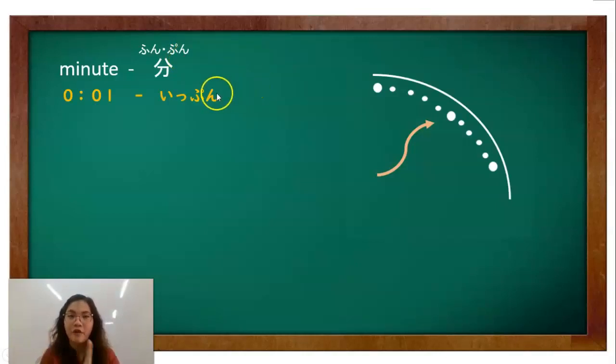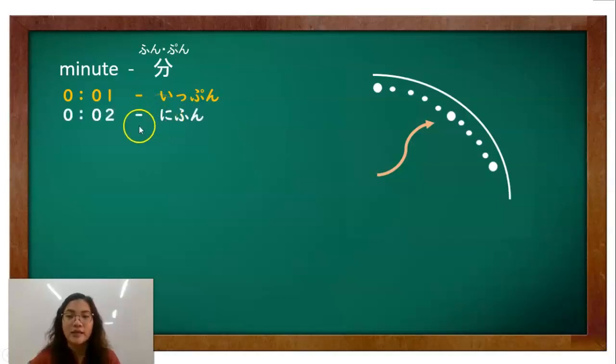Let's start from 1 minute. It is ippun. One is ichi, but chi is changed to a small tsu and we add pun. So that is ippun.